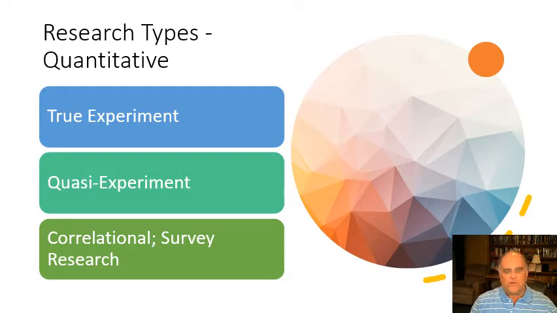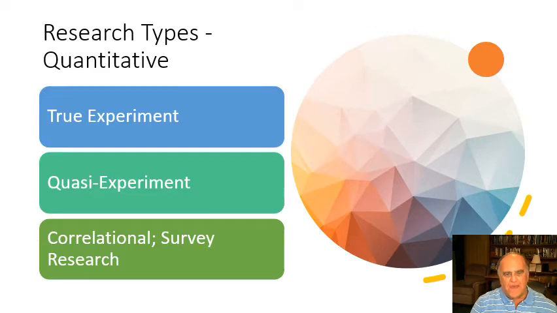Or we have two groups of employees in two different plants and we give one plant the training and another plant we don't give the training. So that's a quasi-experiment. The subjects get the treatment because of convenience or whatever the factor might be, but they aren't randomly assigned to the treatments. So there's no random assignment.